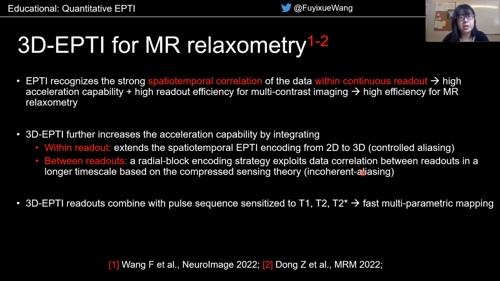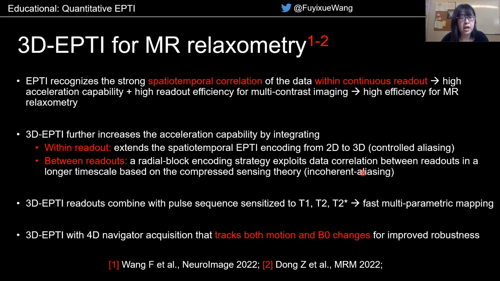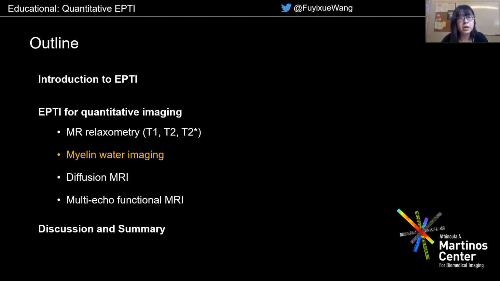And the 3D EPTI readouts are combined with pulse sequences that are sensitized to T1, T2, T2 star parameters to achieve fast multi-parametric mapping. And finally, a 3D EPTI sequence with 4D navigator can track both motion and B0 changes to improve the motion robustness. So next, I'll talk about EPTI for myelin water imaging.